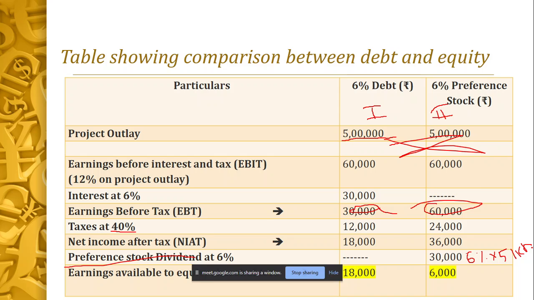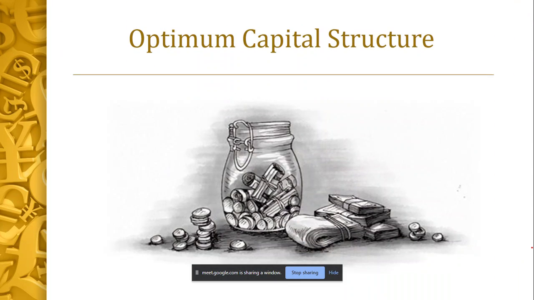Now, having said this, the next topic is optimum capital structure. This goes along with the capital structure, but it is a further complicated version of capital structure. There is nothing to worry about, you only have to remember.